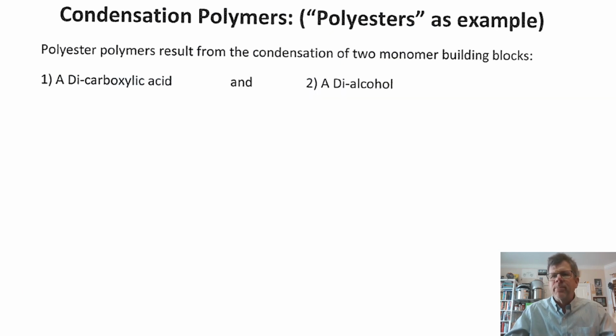Would like to take a brief interlude here while still staying on the subject of esters, but I'd like to start looking at another type of polymer. Remember back in this Unit 2, we were talking about polymers, specifically addition polymers of alkenes. This is a different type of polymer, although polymers always have the same idea.